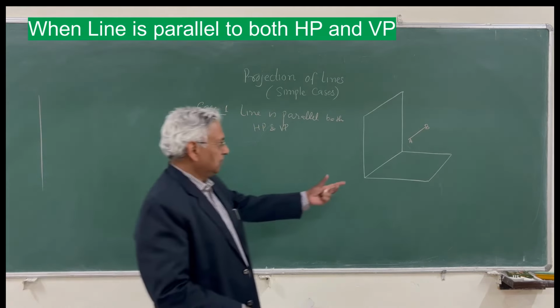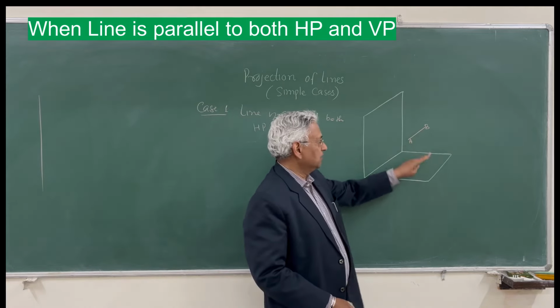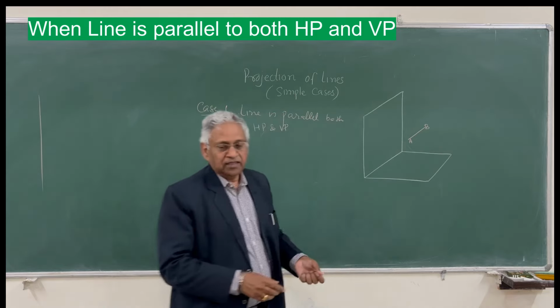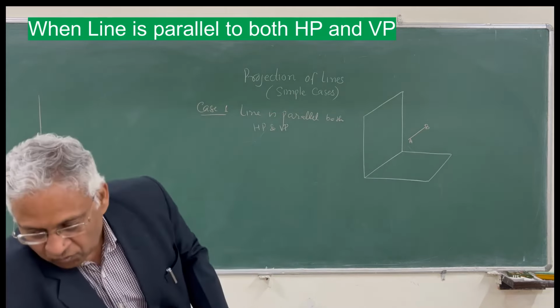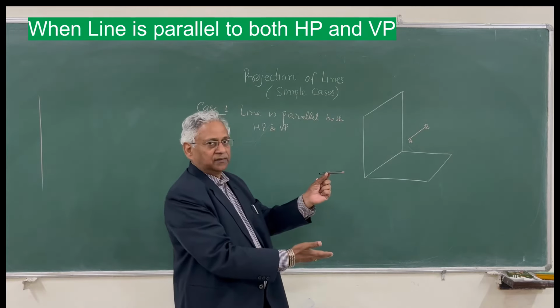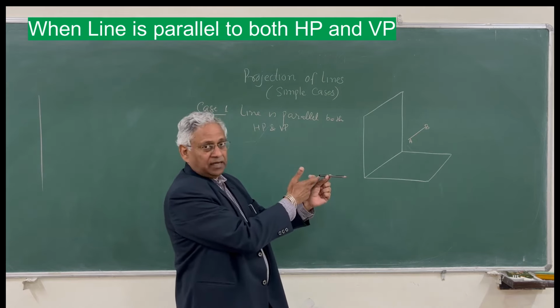So this is the horizontal plane, the vertical plane, and a line AB which is parallel to both the reference planes. Now when I say a line is parallel to a plane, what does it really mean? If this line is parallel to the horizontal plane, it means the height of this end and the height of this end are the same.